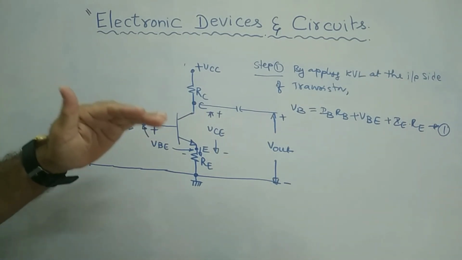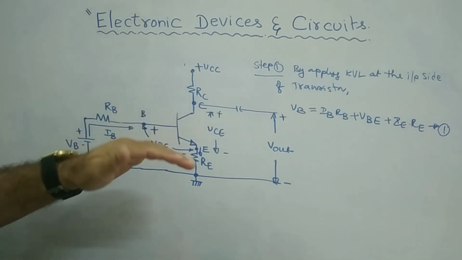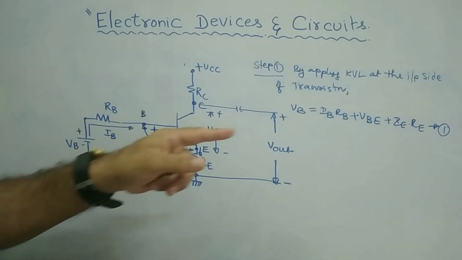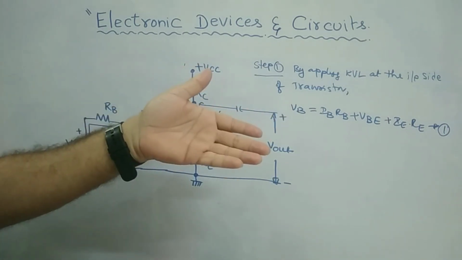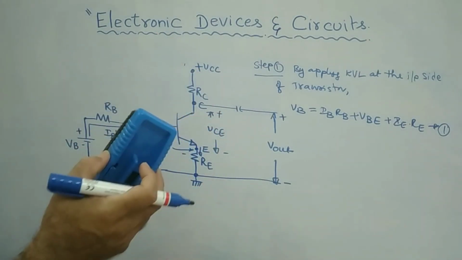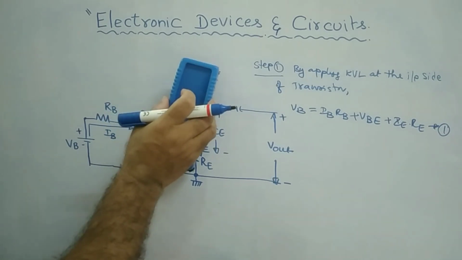Now, for deriving the expression for the stability factor, I don't need the output expression, it is not required. From the input loop equation only, you can obtain the stability factor derivation. Therefore I do not require this circuit.